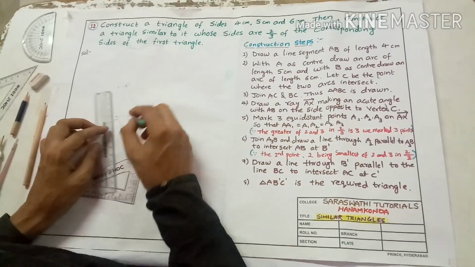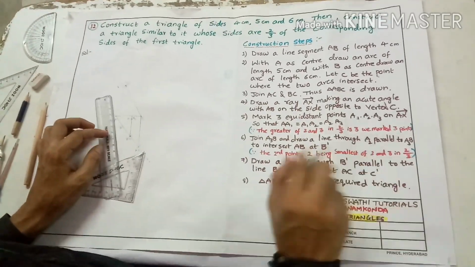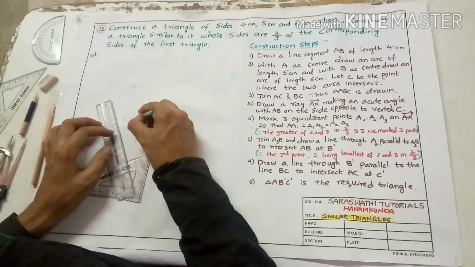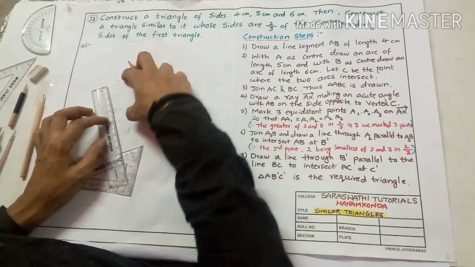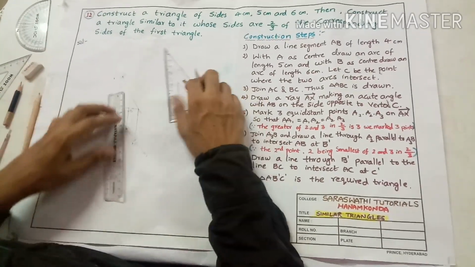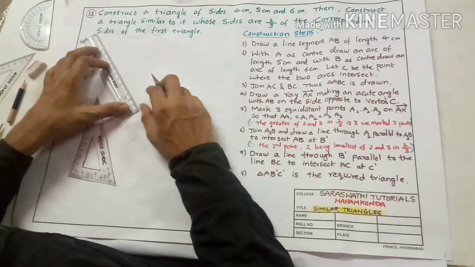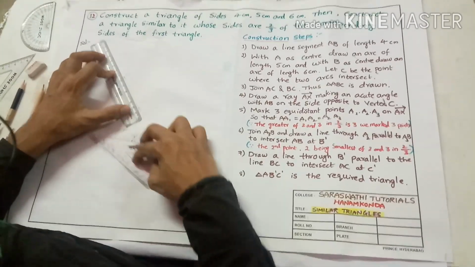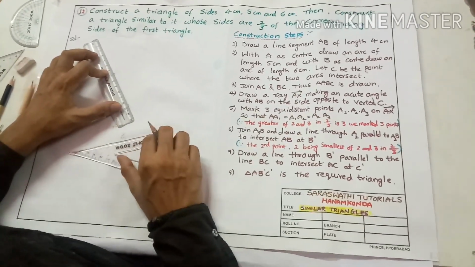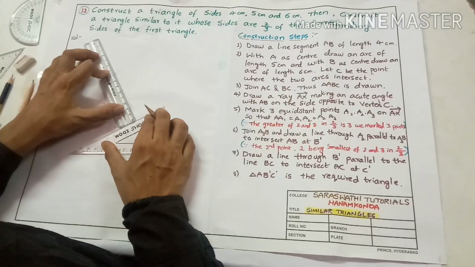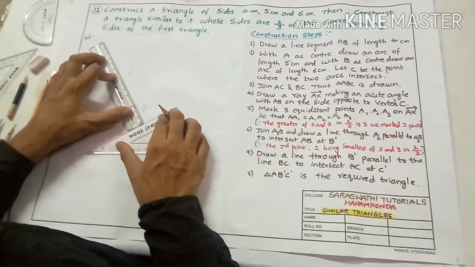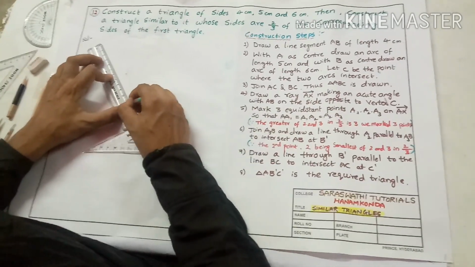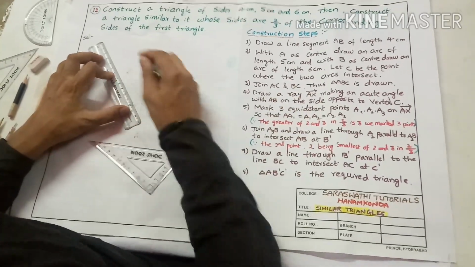Similarly, from B', draw a line parallel to BC. Place the scale along BC and from B' draw a line parallel to BC.